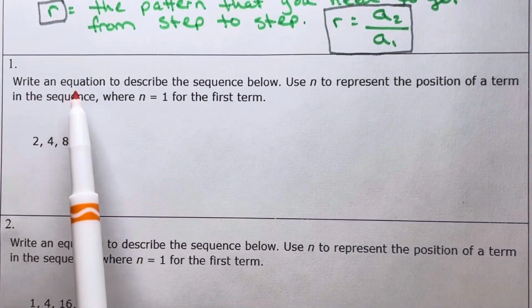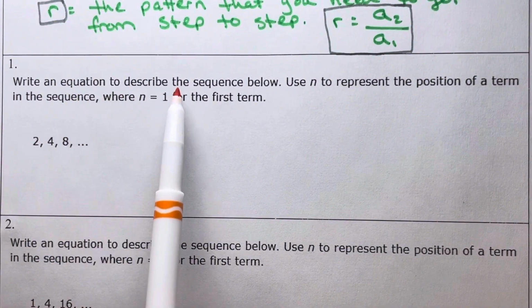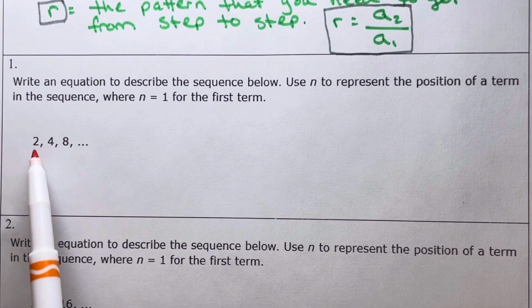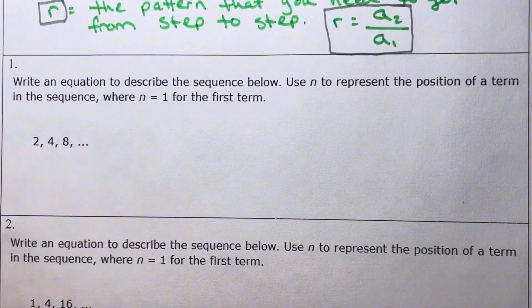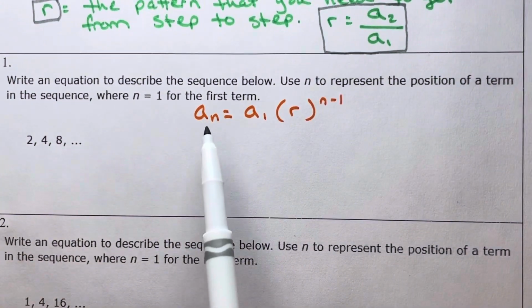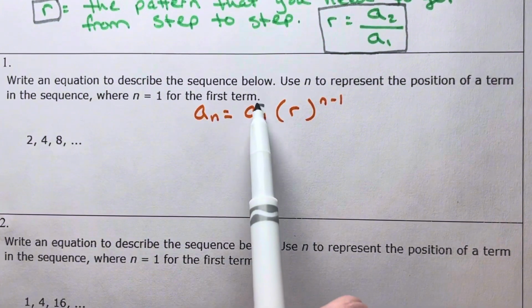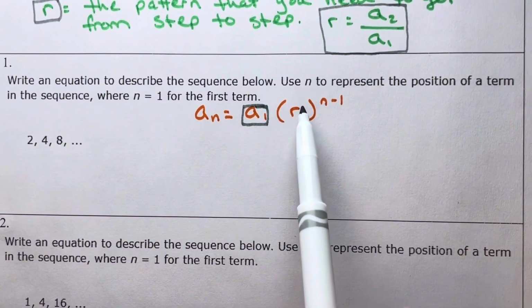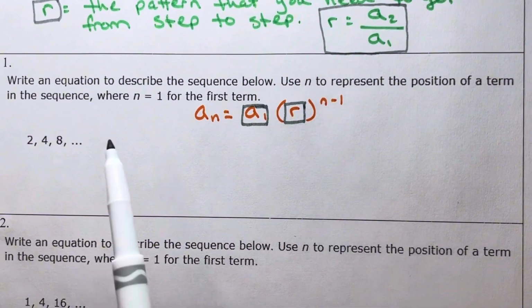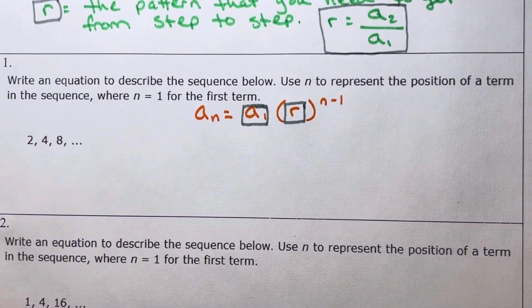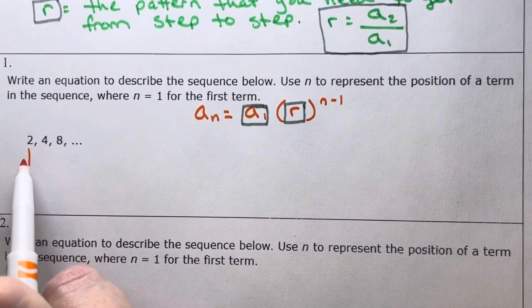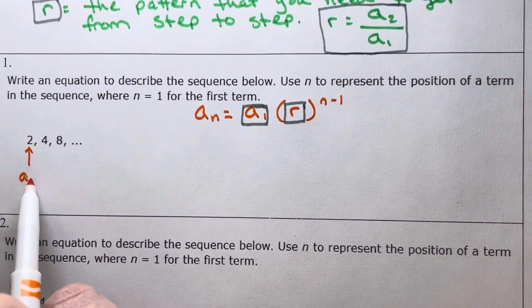In example 1, we're going to determine the equation to describe the sequence below of 2, 4, and 8. Knowing that our rule comes from the first term times the value of the ratio of the second and first terms, let's get started. So we know that the value of our very first term is 2.